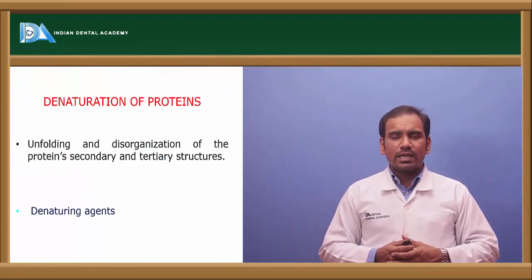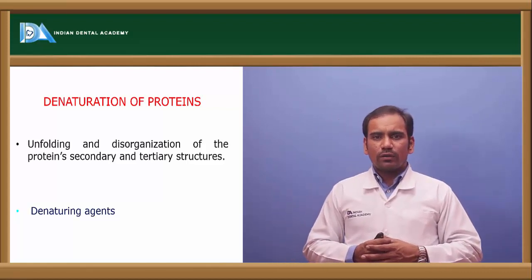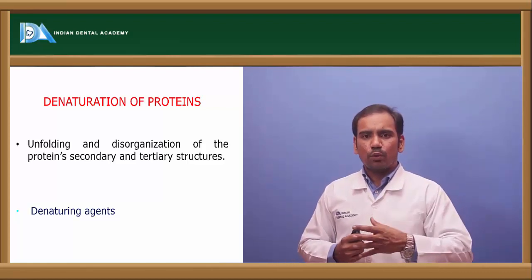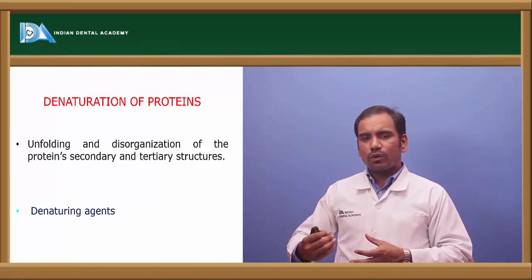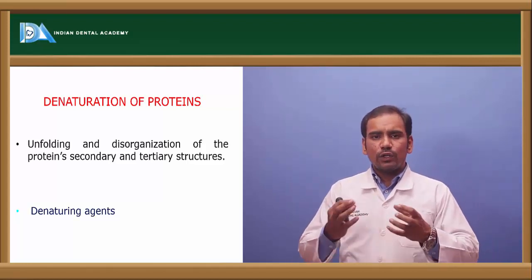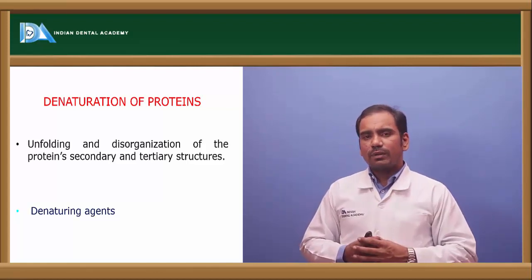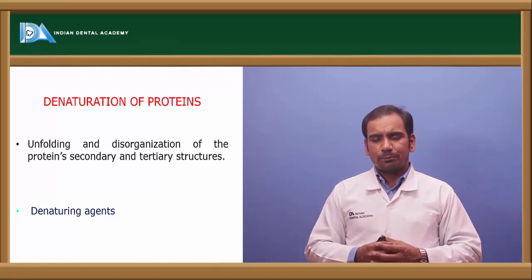Coming to denaturation of protein. Whenever you are disrupting or disorganizing a protein structure, that results in a denatured protein. You take a native protein, and when you heat it or treat it with some chemicals, it loses its structure. Right?